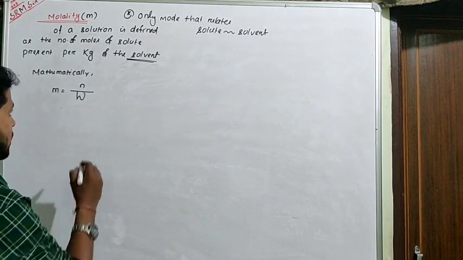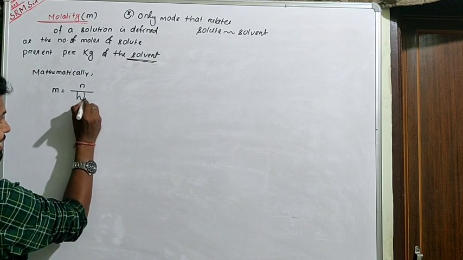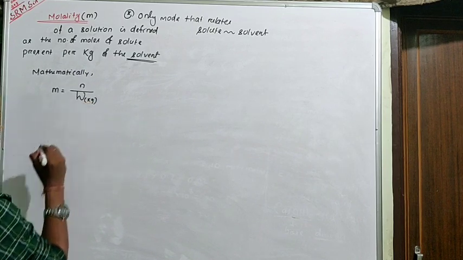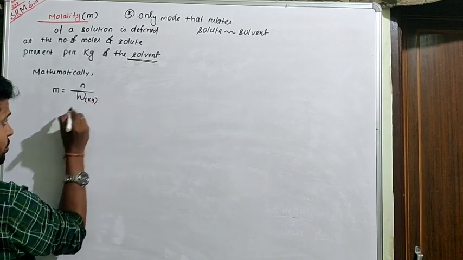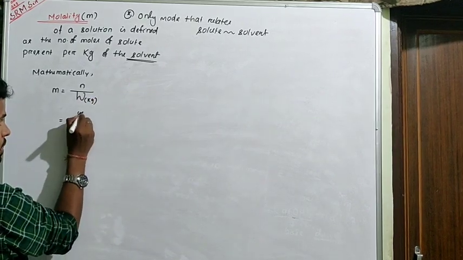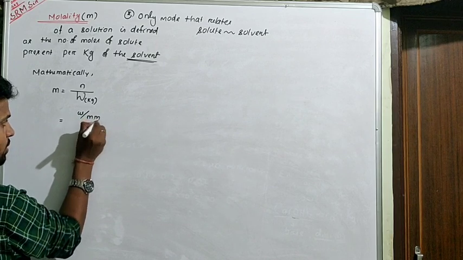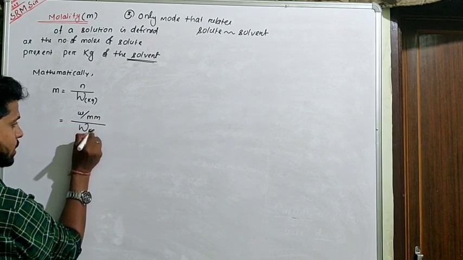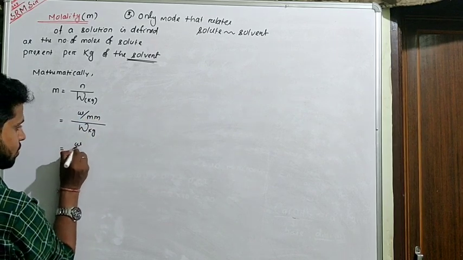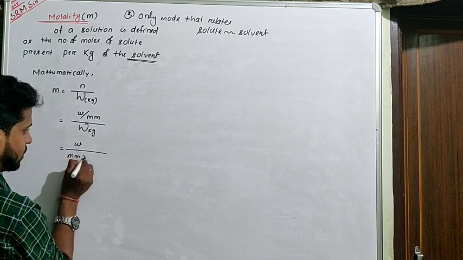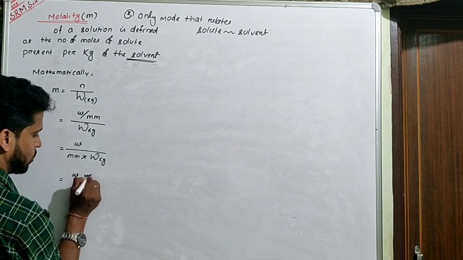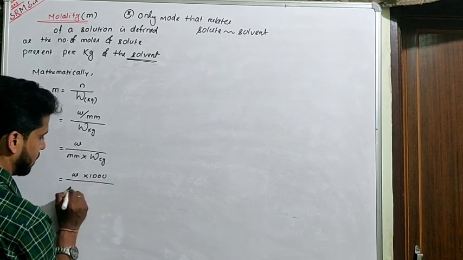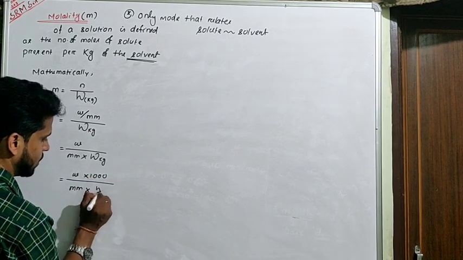So this is in kg, mass of the solvent in kg. Number of moles will be mass by molecular mass, divided by capital W kg. That means small w by molecular mass into capital W kg, which equals small w into 1000 divided by molecular mass into capital W gram.